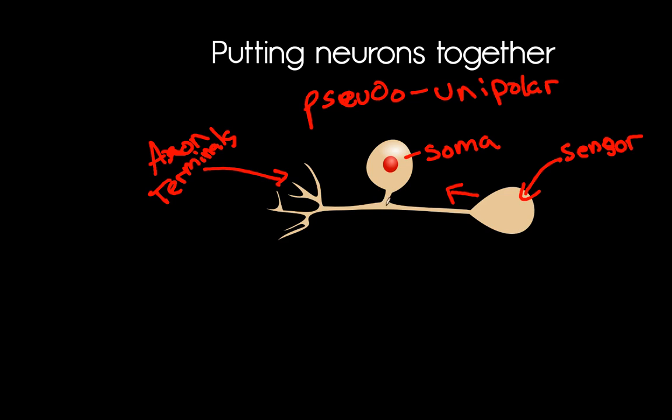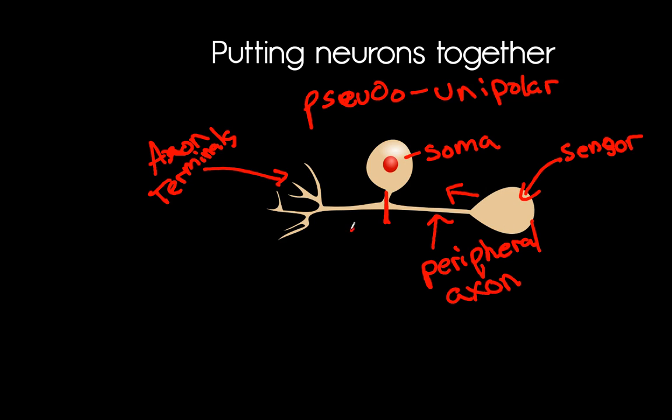In this neuron we have two particular stretches of the axon: that which comes before the cell body, and that which comes after the cell body. This side out here is called the peripheral axon. That is on the sensory side of the axon.